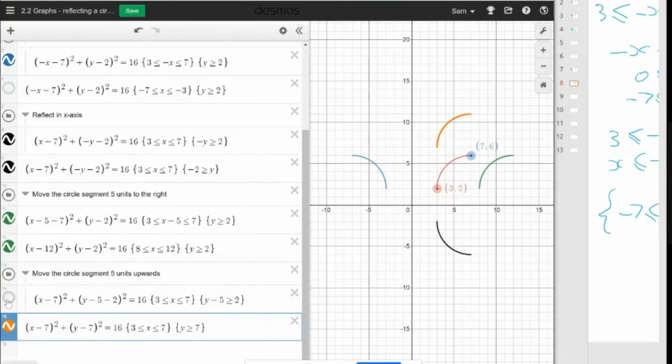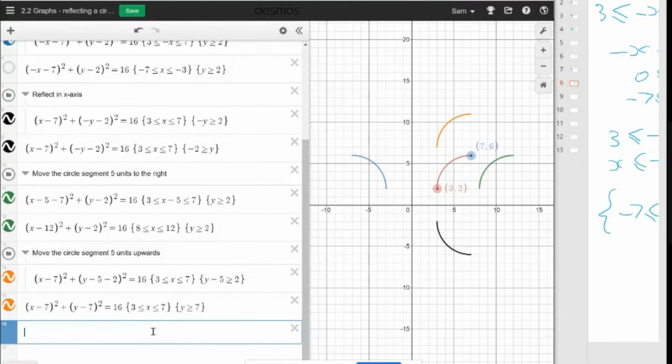I'll make both these orange. Okay. Final thing we're going to do is move it not just 5 units to the right, but arbitrarily far to the right. So move p units to the right.